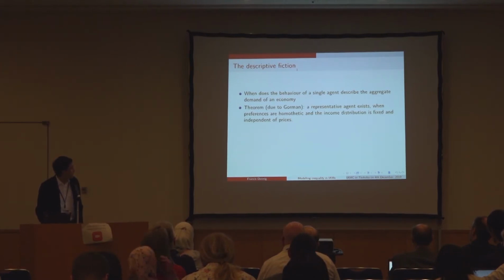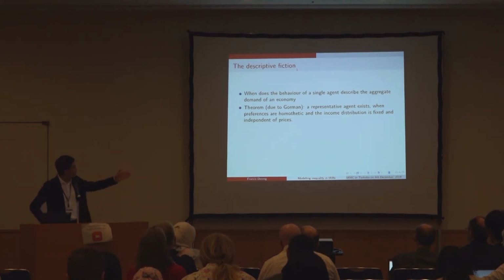It says that when preferences are homothetic and the income distribution is fixed and independent of prices, then there is an objective function that we can call the representative agent objective, and the aggregate demand of that objective function is identical to the aggregate demand of an economy in which there are all these individuals with homothetic preferences and a fixed income distribution.